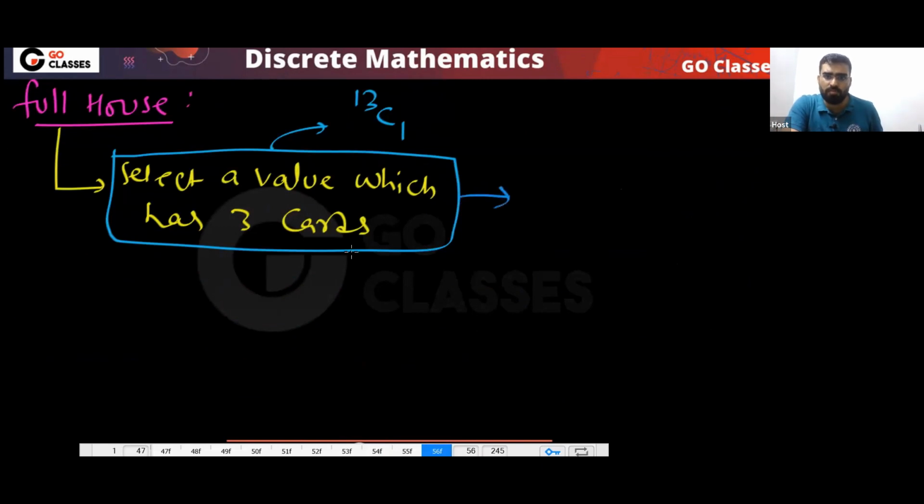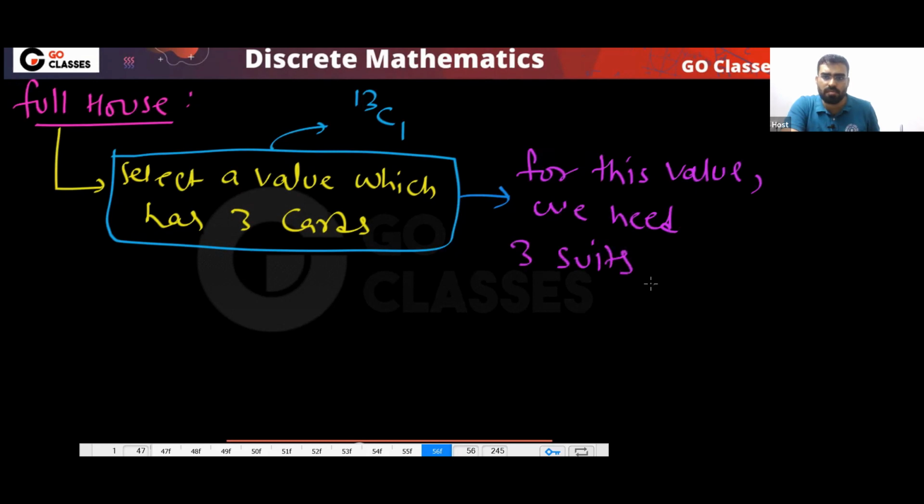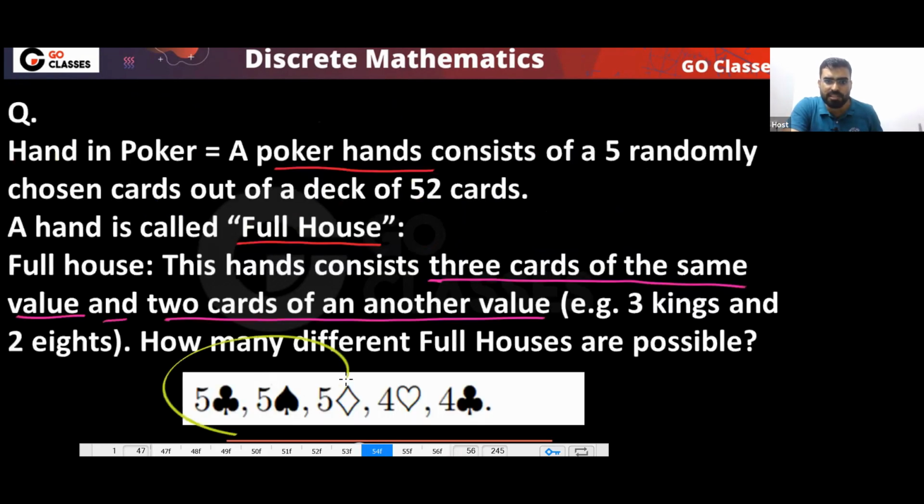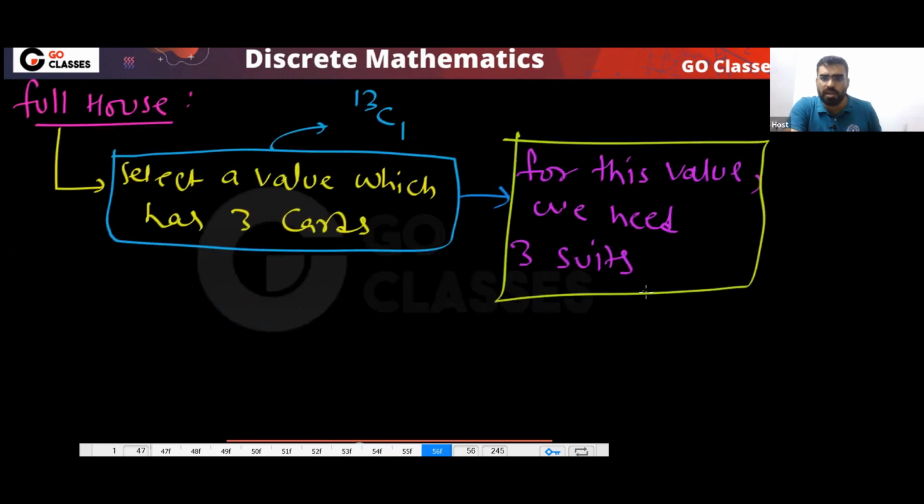Now for this value, whichever value you select, we need 3 suits. If you select 5, there are 4 suits, and from that you need to select 3 suits.